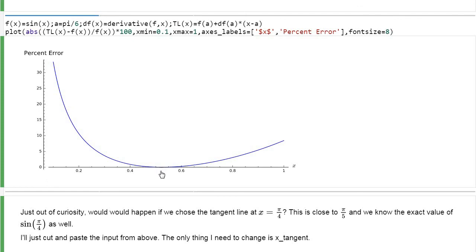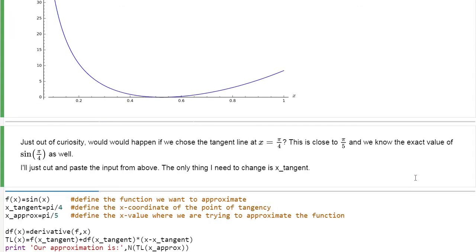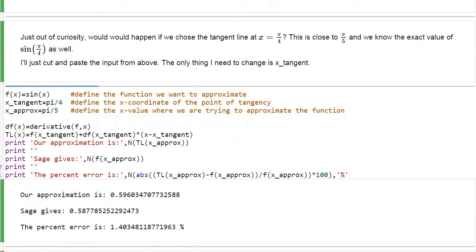Here, the point of tangency is based on x equals pi over 6, which is in the neighborhood of a half, and so I've basically gone like a half each way. So a much narrower range on my x-axis compared to the cube root, and yet look at my percent error up here, over 30%. So linear approximation is not always great, depending on the function involved.